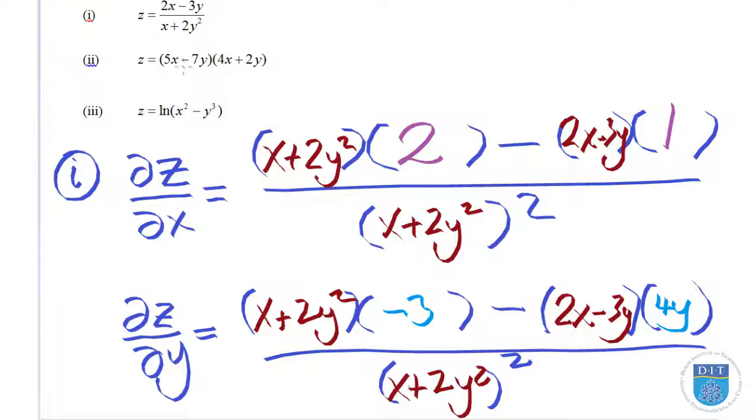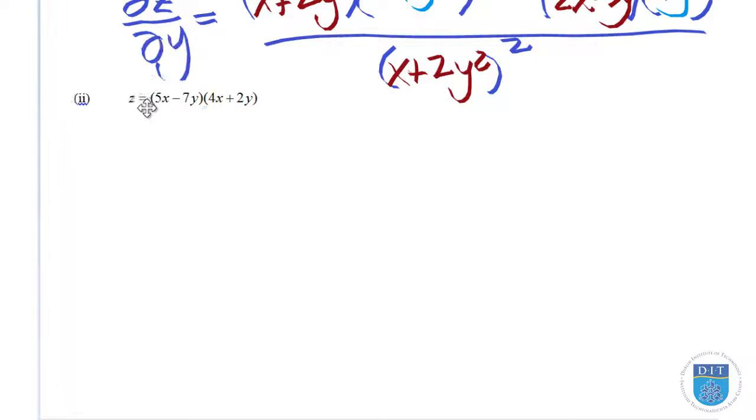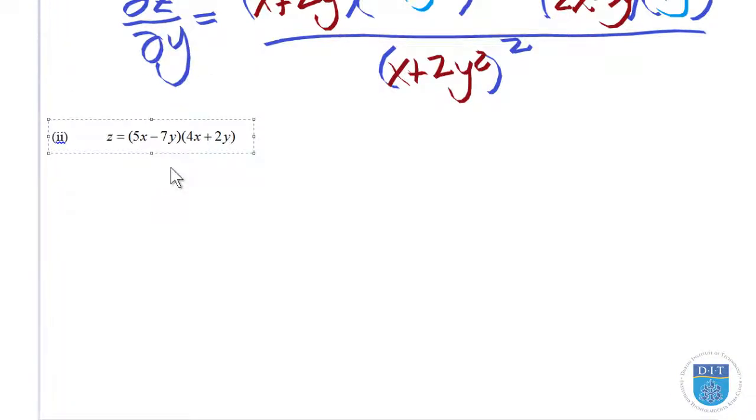The first by the derivative of the second plus the second by the derivative of the first. Or in other words, the first bracket by the derivative of the second bracket plus the second bracket by the derivative of the first bracket. If you want to remember that saying like you remember the minus b formula, that'll get you through the question.